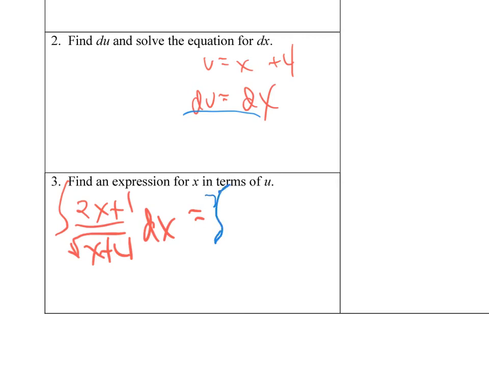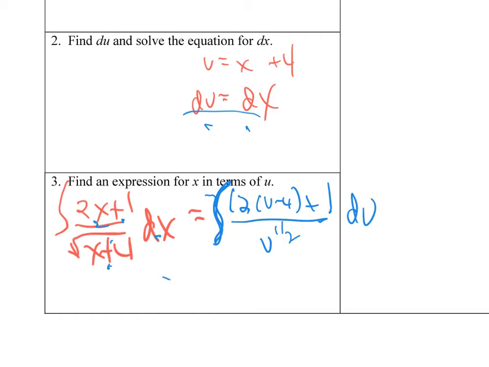So I integrate 2 times (u minus 4) plus the 1, all over u to the 1/2. And dx is du.